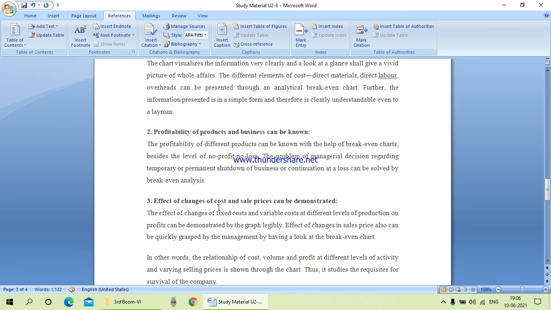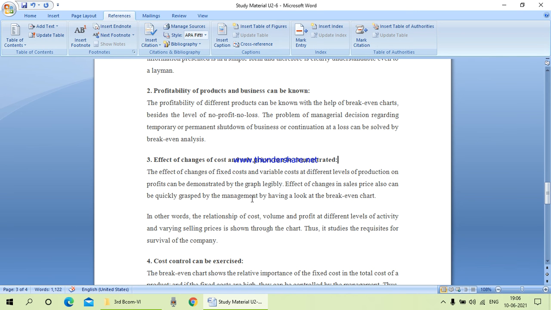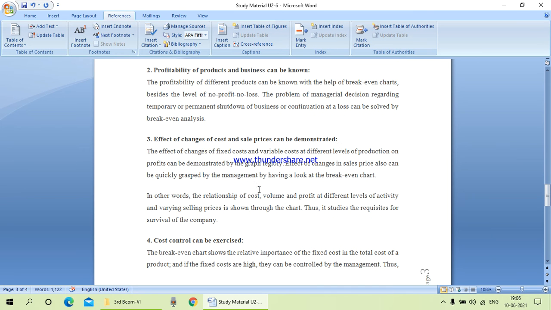What is the effect of an increase or decrease in the cost, and what is the effect of an increase or decrease in the selling price can be seen in this chart, just by looking at the chart.